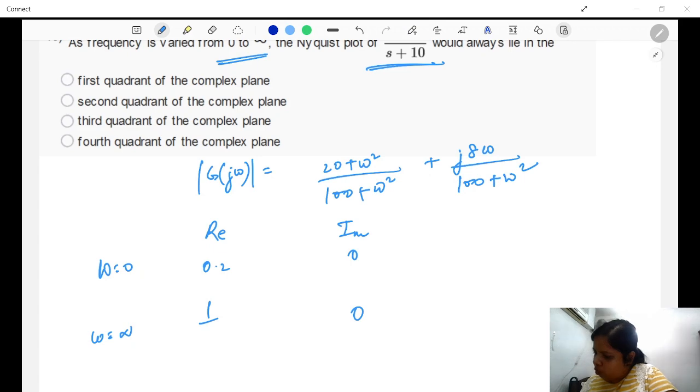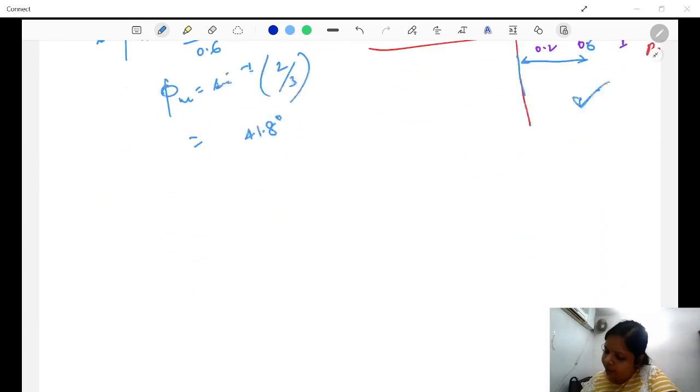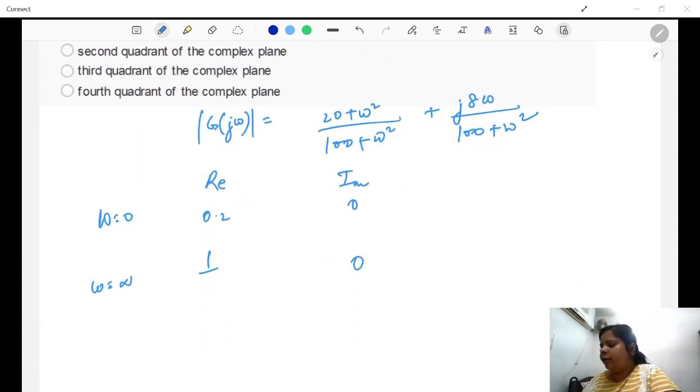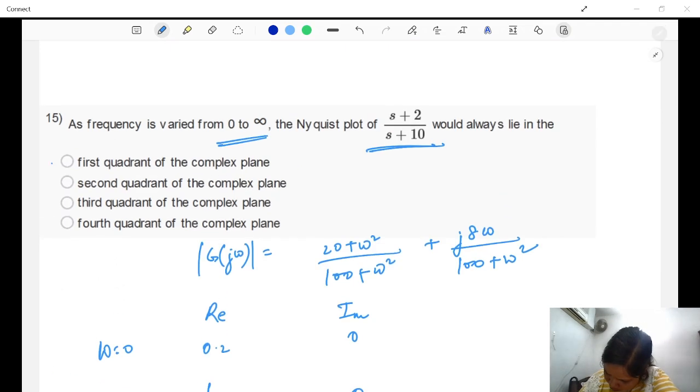Okay. So we already saw the same question, that it is always going to lie in the first quadrant. You can plot one more intermediate point just to make sure that it is in the first quadrant and not in the fourth quadrant. So always try to plot at least one more point so that you get the quadrant in which it is. So it is in the first quadrant.